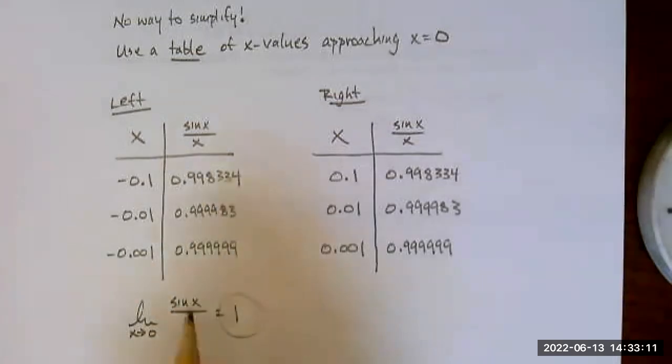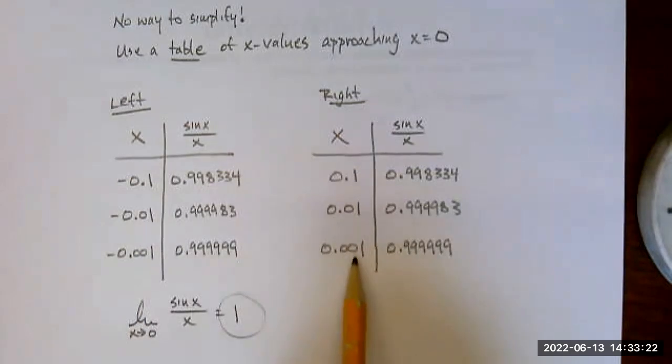Why? When you think about this table, we're approaching 0. Well, how many more numbers are there between -0.001 and 0, or 0.001 and 0? How much could happen between this number or this number and 0? Infinitely many things could happen, right?